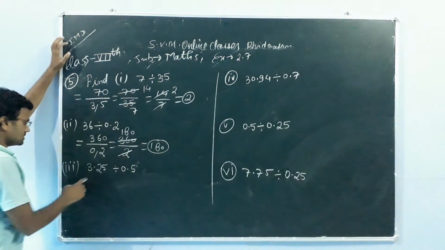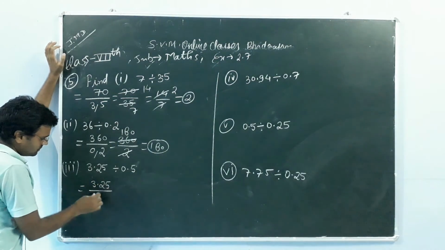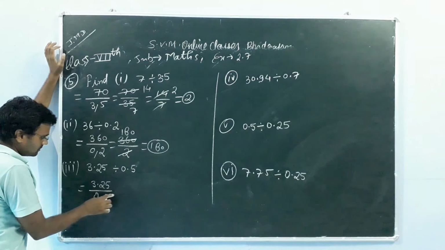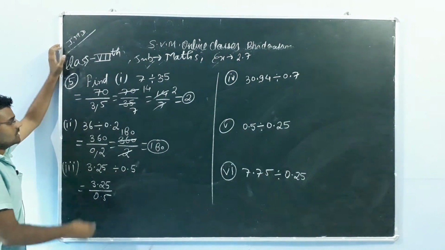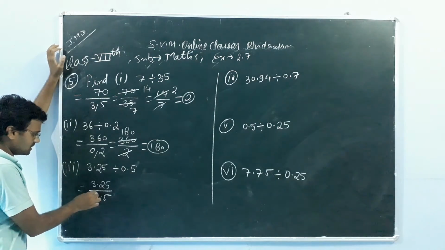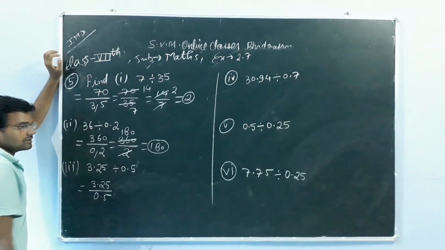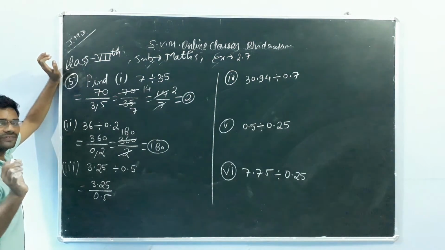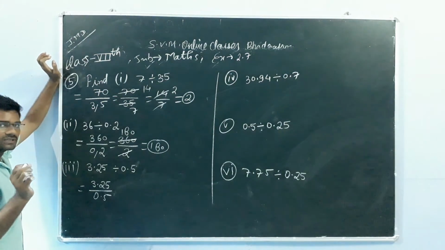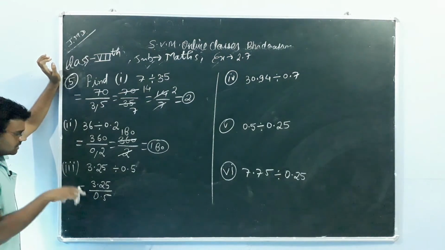Okay, next one is the third one, which is 3.25 divided by 0.5. Listen, when our numerator and denominator both have decimal points, we have to make an equal number of digits after the decimal point in both.